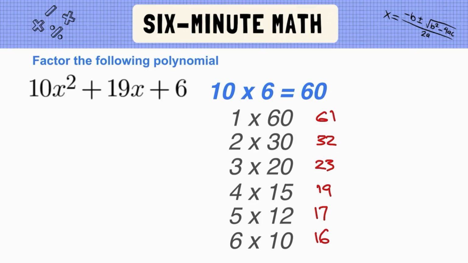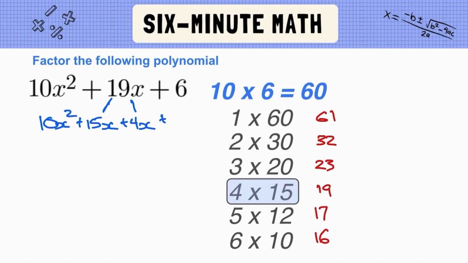I'm looking for it to be 19, so I'm going to use my 4 and my 15. This 19x is going to split up into 15x and 4x, both of those positive. And then our a and our c values will drop.